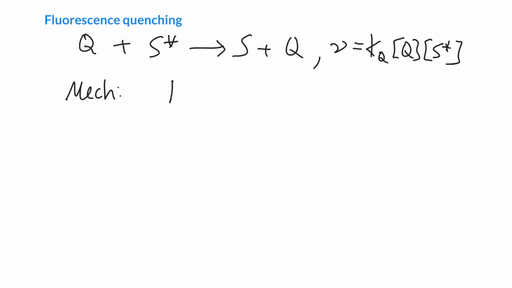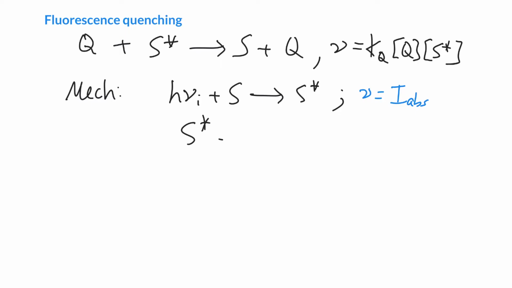So we've got excitation of our sample forming that excited state, and it has a rate law: nu equals the intensity of the absorbed light, I suppose. That's good enough for now. We also have ways for that excited state to decay, so that excited state can turn back into the ground state through internal conversion.